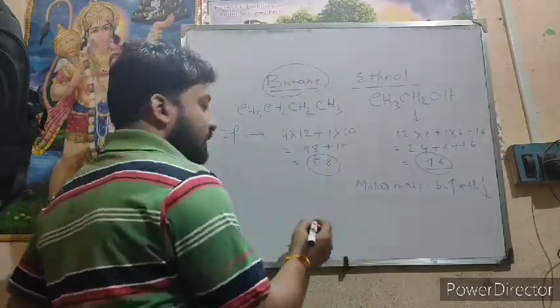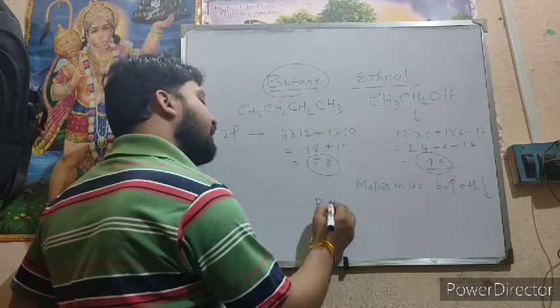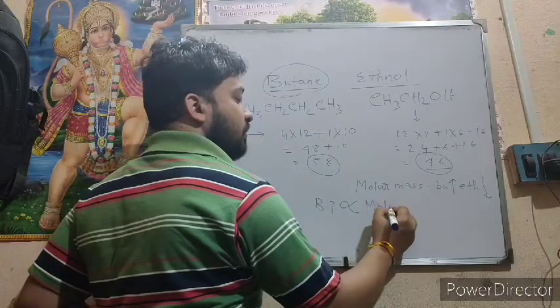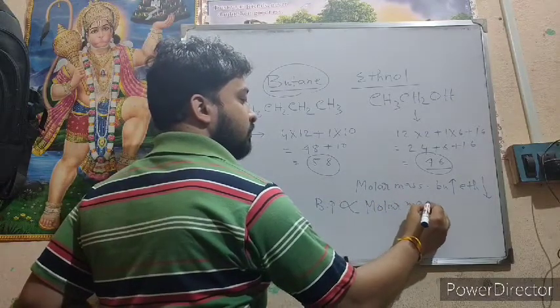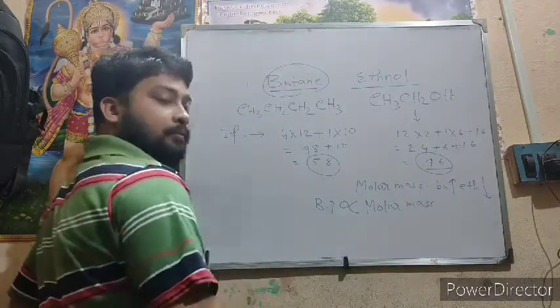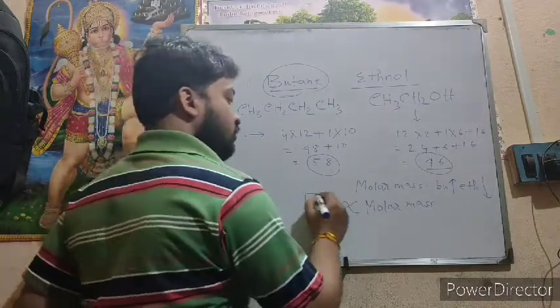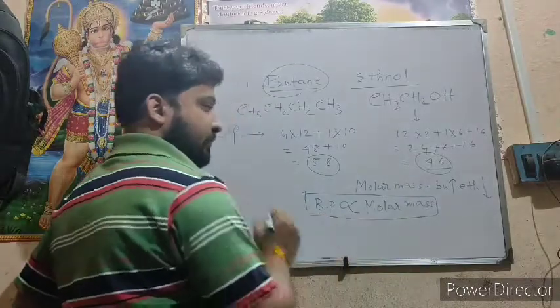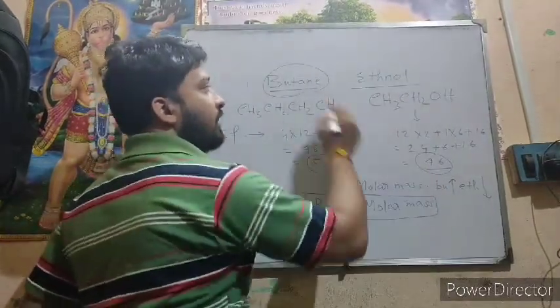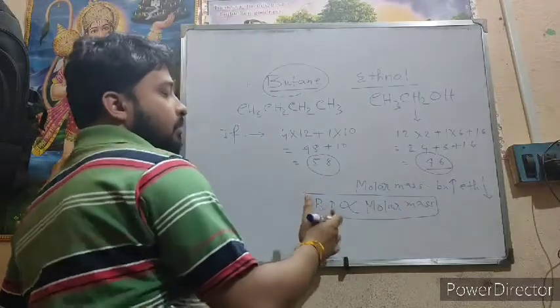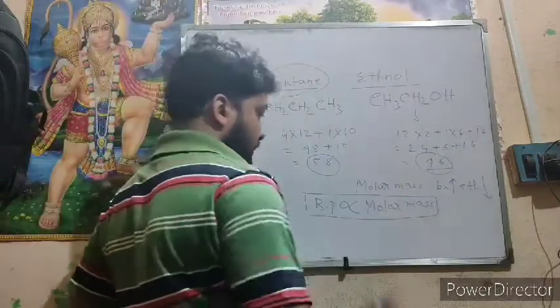As we know, the boiling point is directly connected with molar mass. So according to this rule, butane should have a higher boiling point than ethanol.